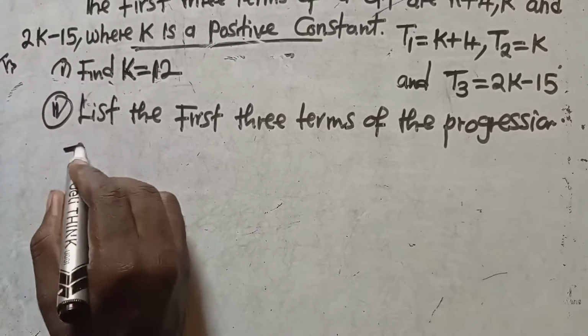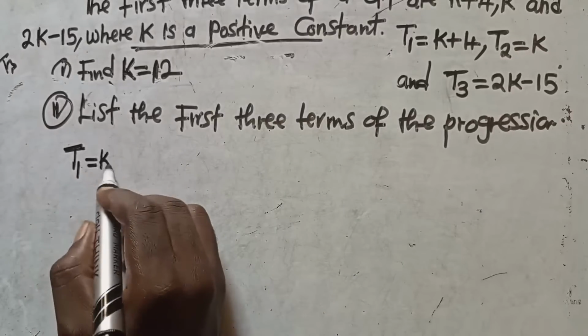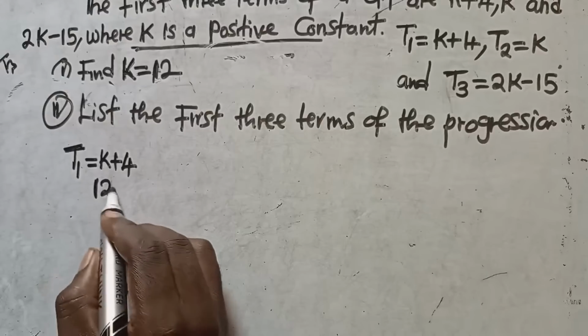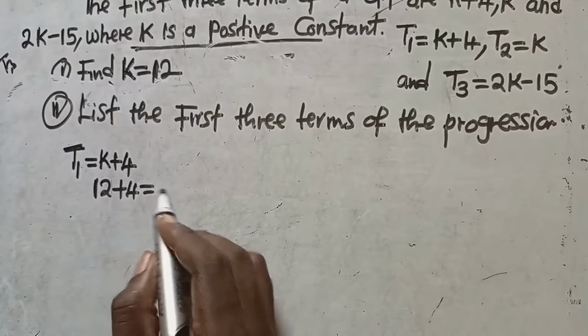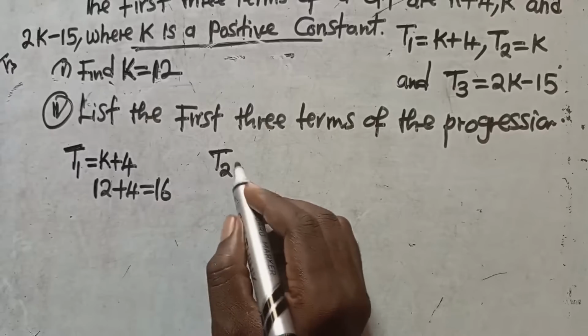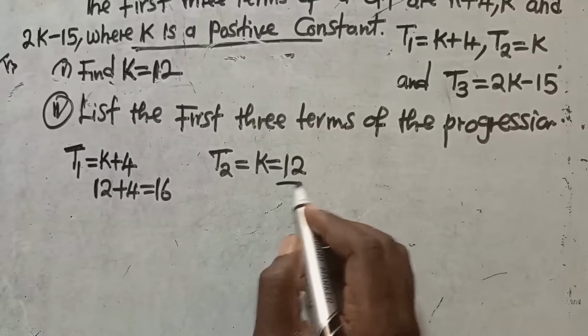What is the first term? First term is k plus 4. Since k is 12, 12 plus 4, that is 16. Second term, that is k, which is just a 12.